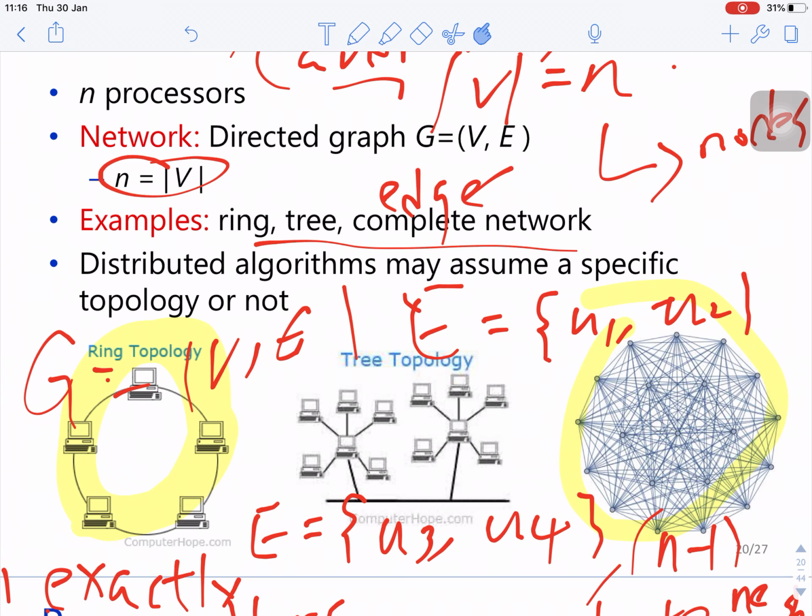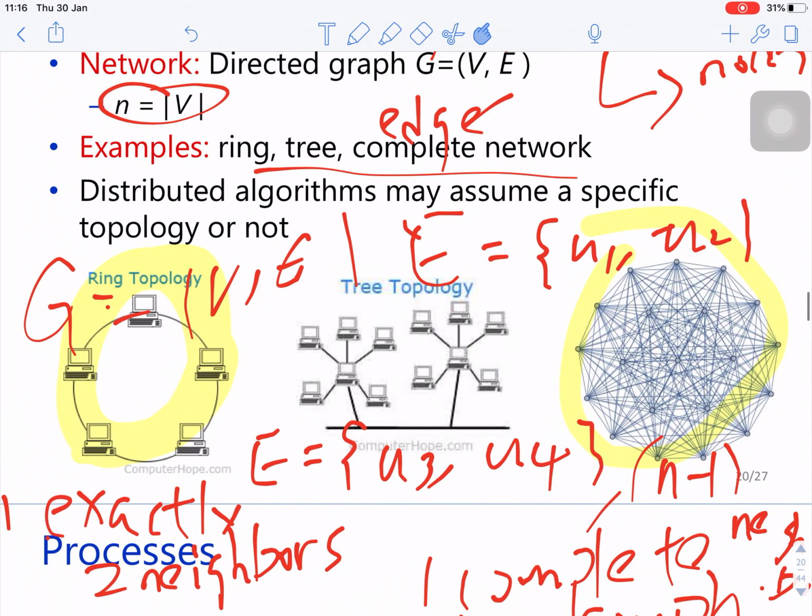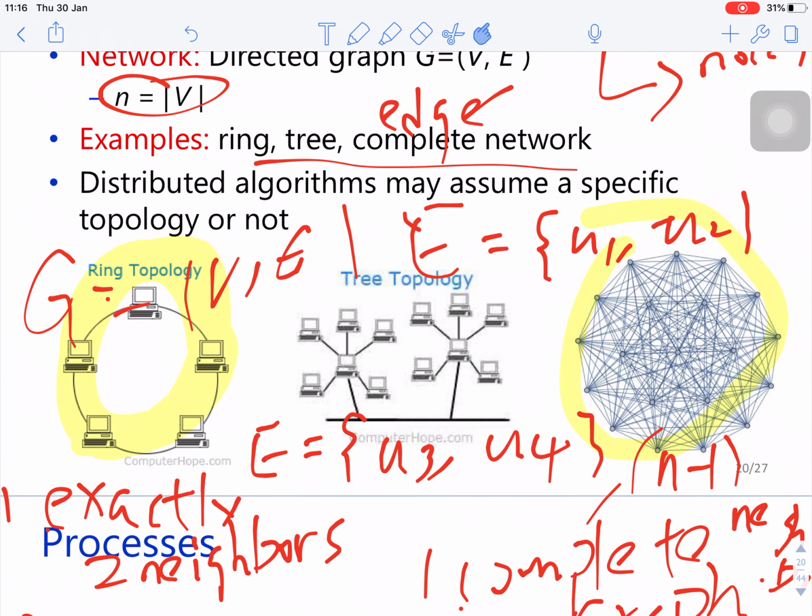Some distributed algorithms may only work with the complete network rather than a tree or ring. Here we have the edges and the vertices. In the ring topology, every node has exactly 2 neighbors, and in the tree topology, possibly more neighbors.